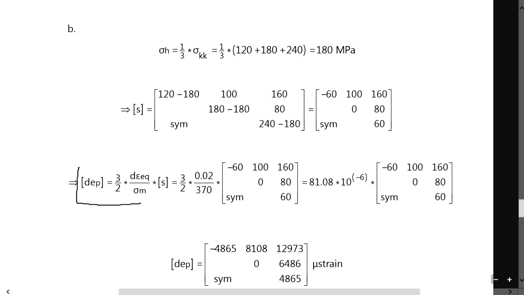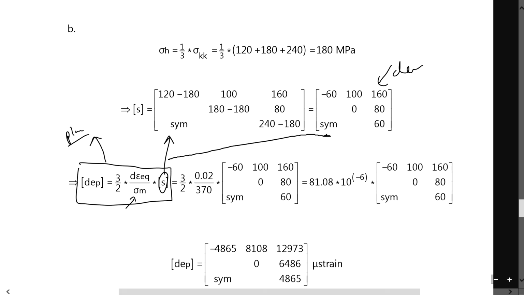If you find this familiar, this is your constitutive equation of plastic stress-strain. So first thing first, we find our von Mises stress, and in fact what they find first is actually your deviatoric stress. So it's over here.